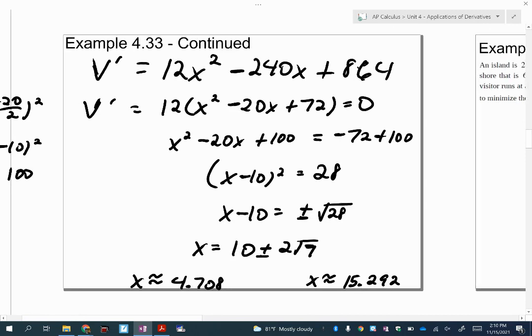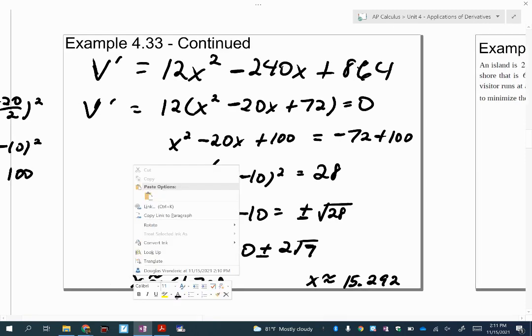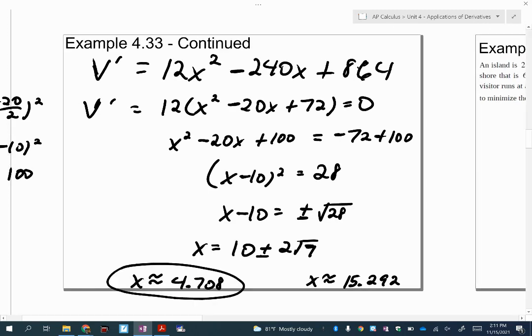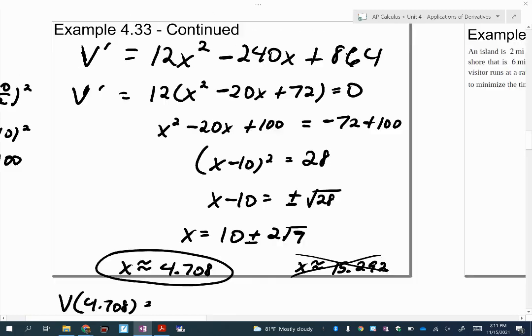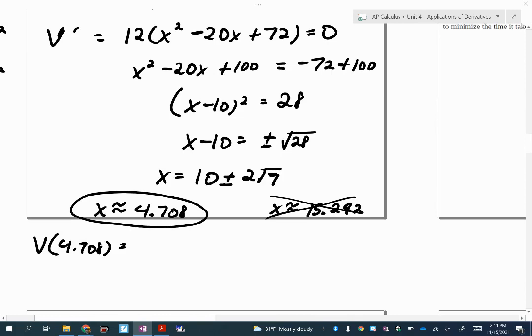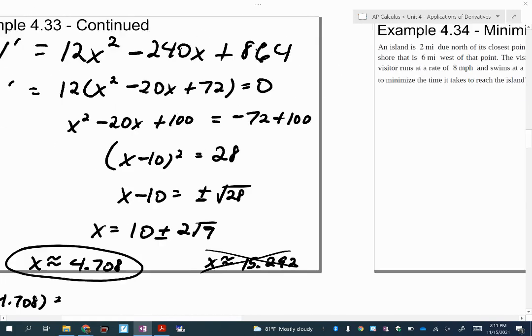When you look at these two critical values, only this one is between 0 and 12. So I actually am not going to be evaluating this volume at the 15 point something one. So I'm going to plug in my value, 4.708. So that's going to be, I think it was 4x cubed. Yep, 4x cubed.